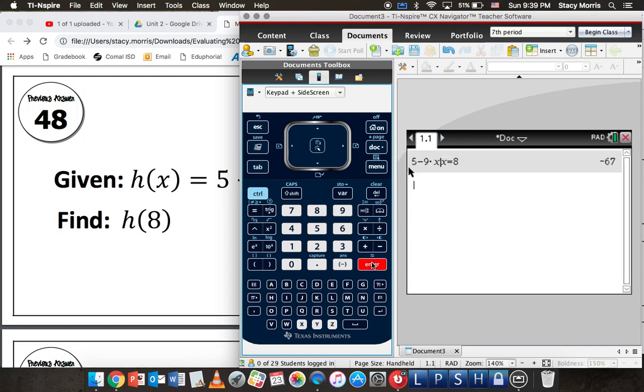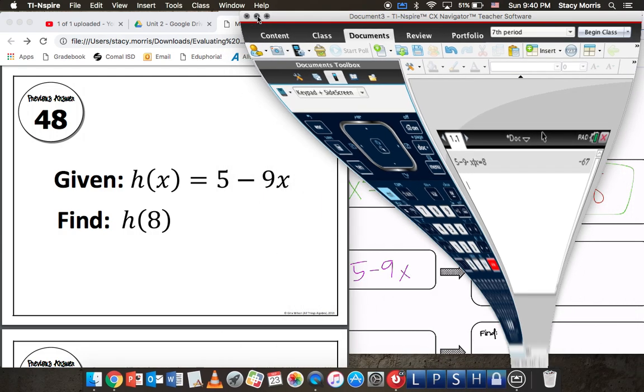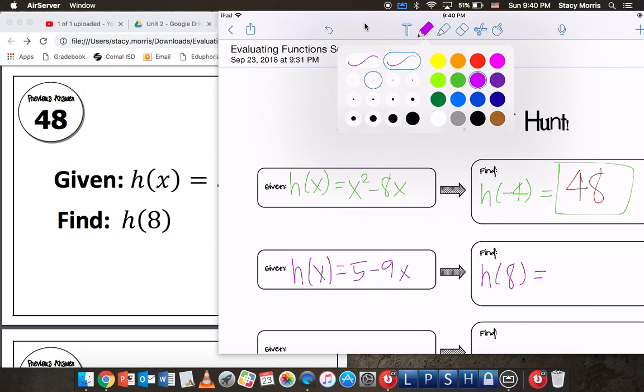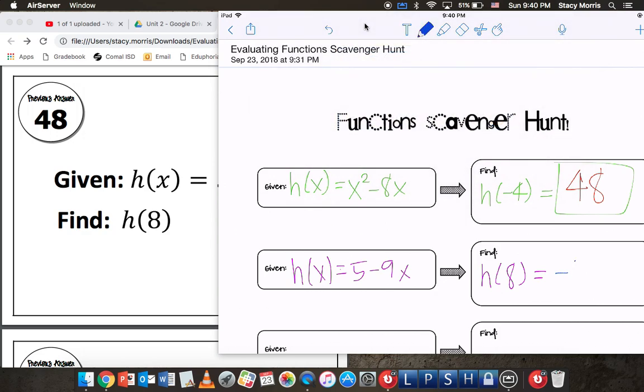So when I push enter, there it is, negative 67. So h of 8 equals negative 67. If you actually did that math, if you plug 8 in right here, negative 9 times 8 would be negative 72. 5 minus 72 is negative 67.